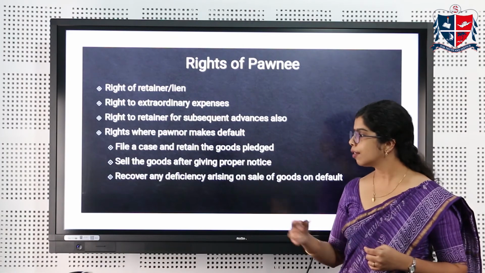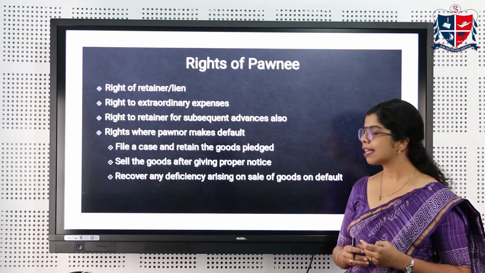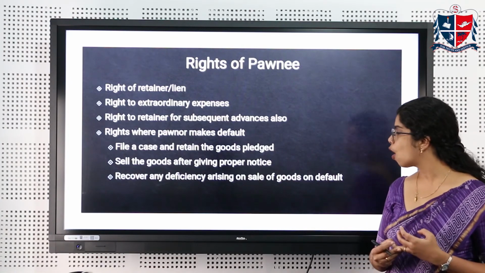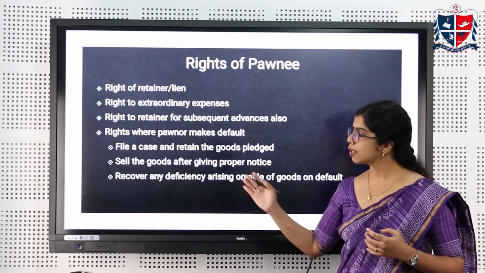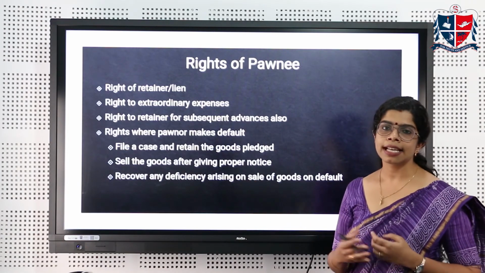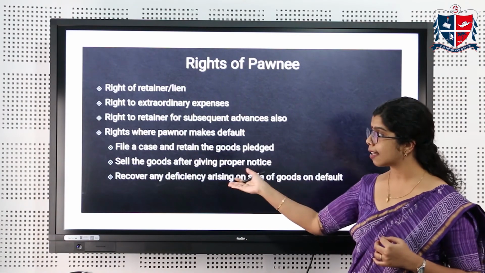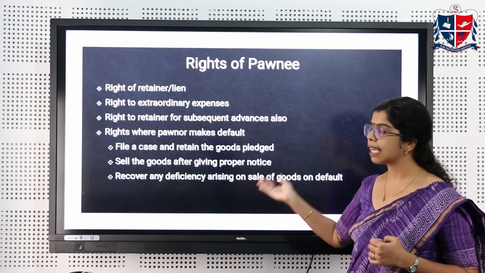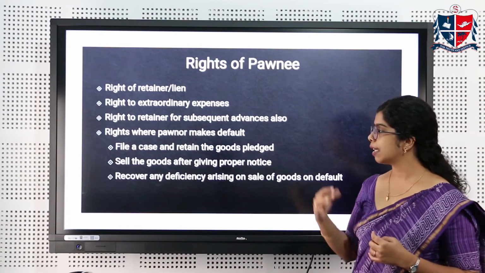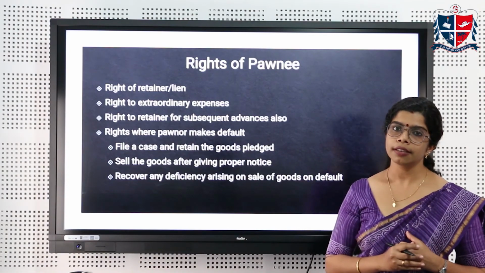And the third one, recover any deficiency arising on sale of goods on default. So these are the 3 rights that the pawnee has against the pawnor if any default is made by the pawnor.